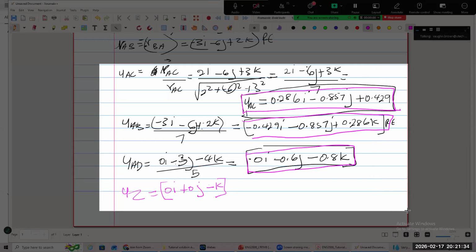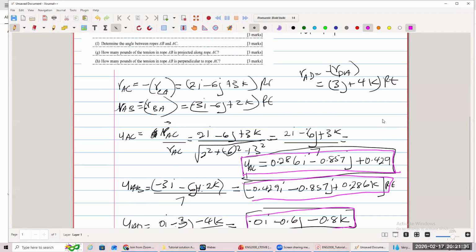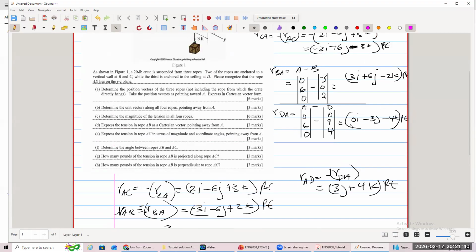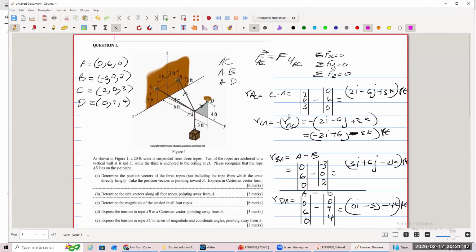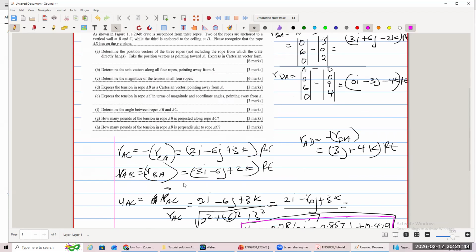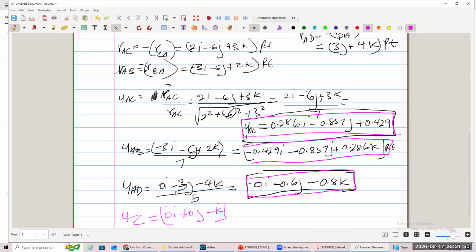Sir, you can scroll back up, please, and look at AD. This is DA, and yes, AD. Sir, the minus is for DA. So AD is supposed to be, all of these are supposed to be minus.